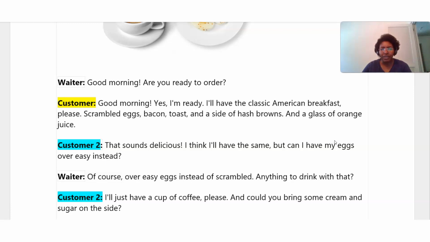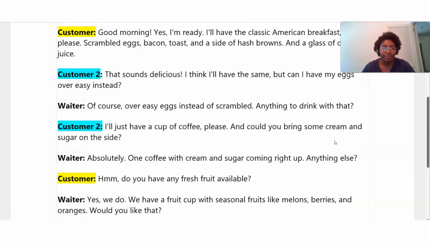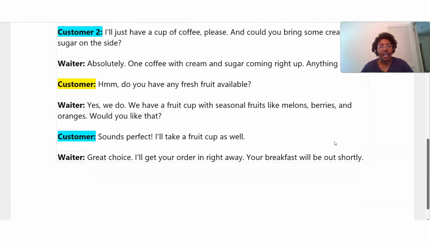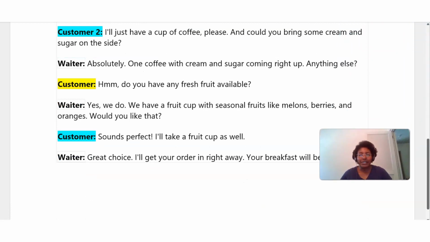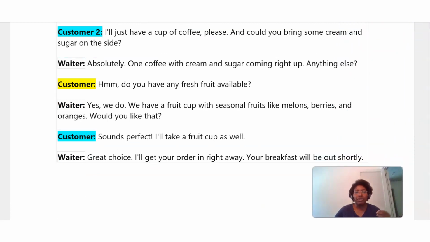The waiter: "Of course, over easy eggs instead of scrambled. Anything to drink with that?" Customer 2 says, "I'll just have a cup of coffee, please. And could you bring some cream and sugar on the side?" The waiter continues, "Absolutely. One coffee with cream and sugar coming right up. Anything else?"